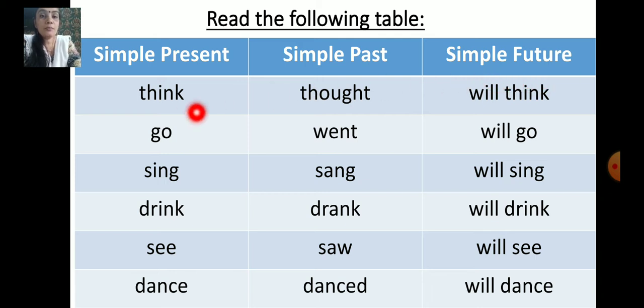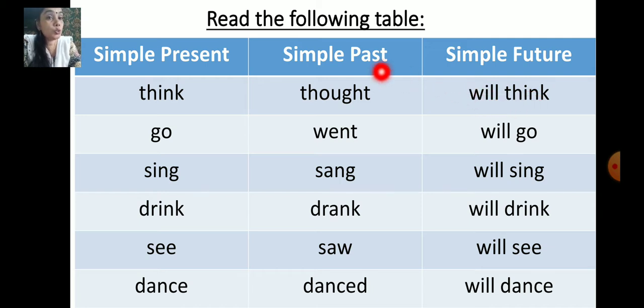Right? So think, thought, will think. Go, went, will go. Sing, sang, will sing. So in your exam, the column will be given and blanks will be given anywhere. Suppose the word think is given and here dash, dash.